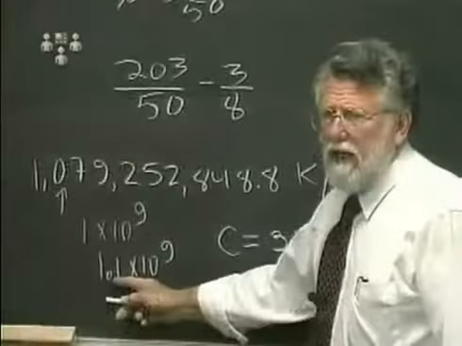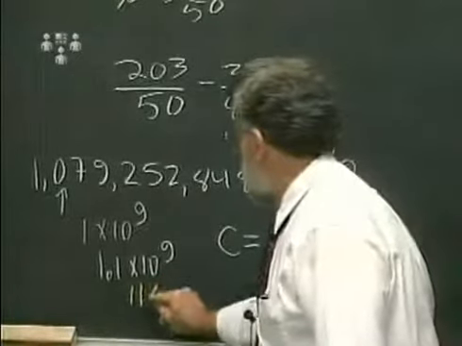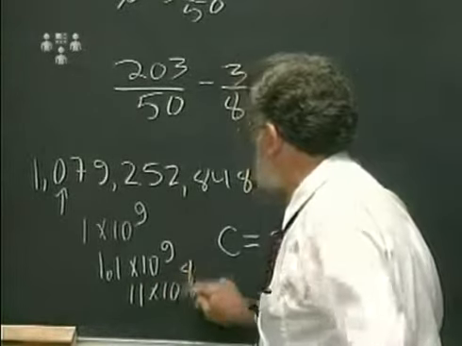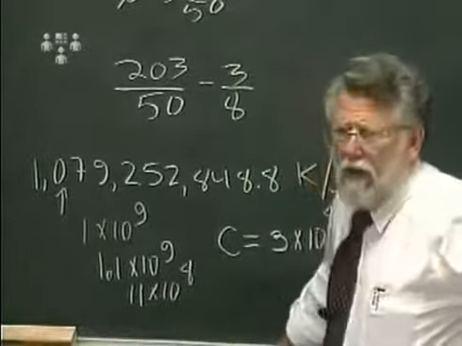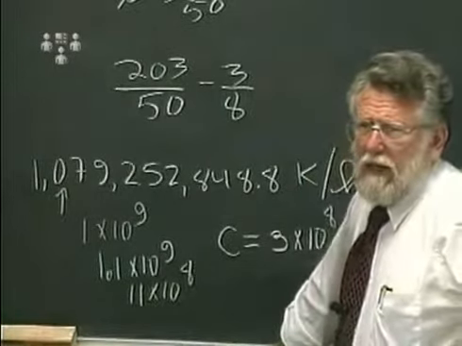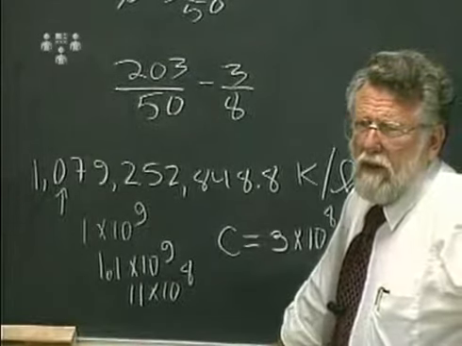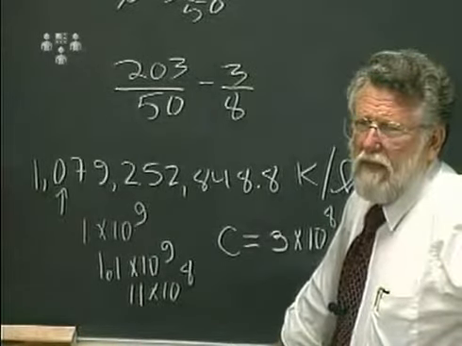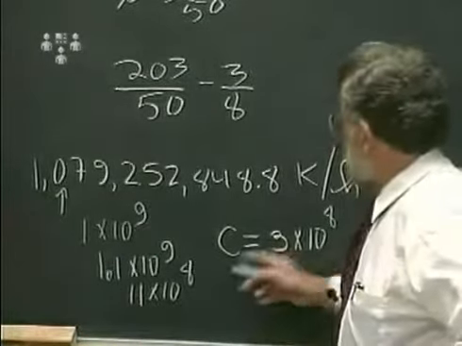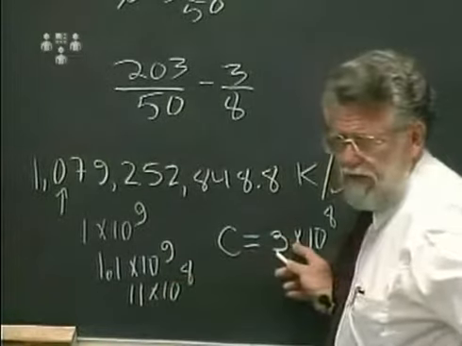This was roughly 11 times 10 to the 8th. Okay, and that was in terms of kilometers. Okay, so if I think of that for a moment, in terms of 10 to the 8th, this is roughly 3 times what this is.